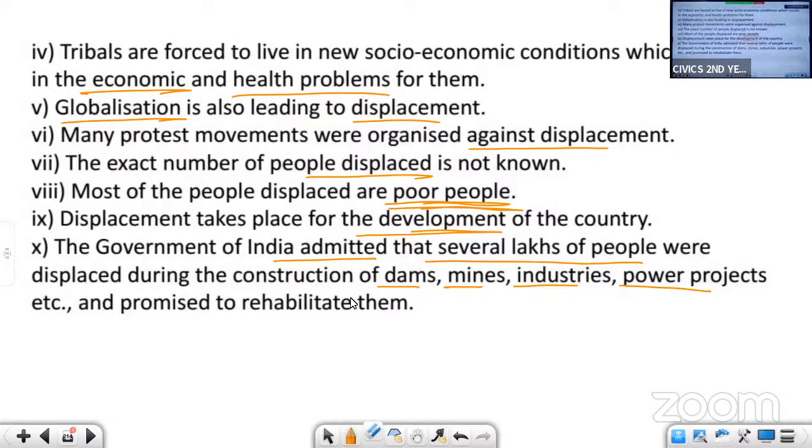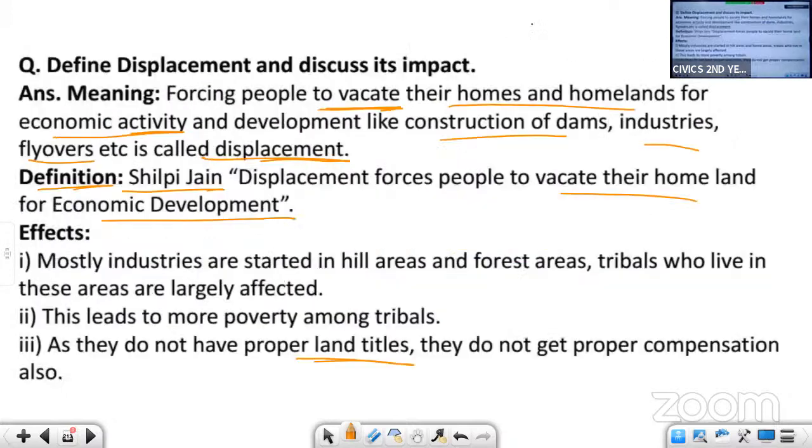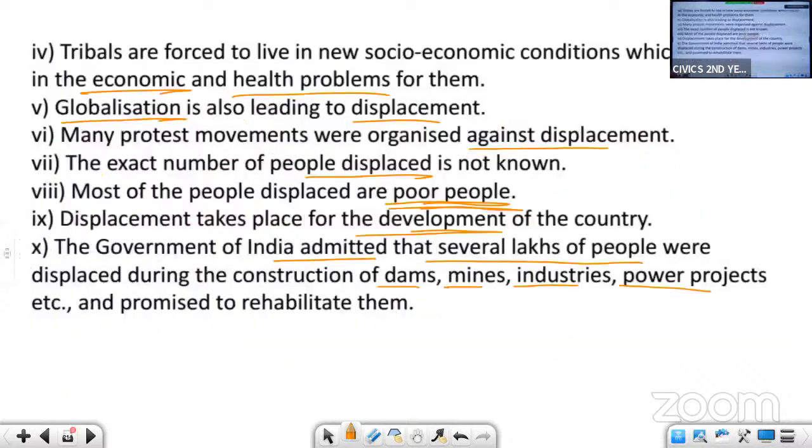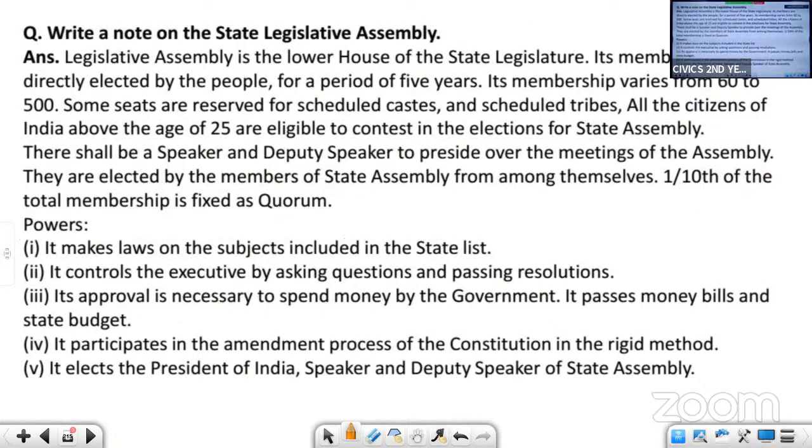Okay. So displacement is another major concern for the government. I hope displacement is clear to all of you.